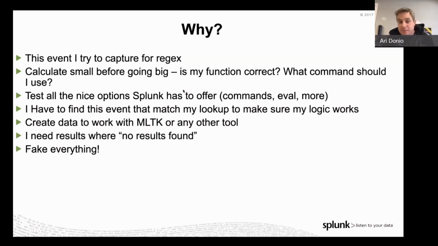It makes it very, very simple. Another very cool use case is when we need a result when Splunk puts up a message of no results found. And lastly, we can really fake everything, right? We can create whatever we would like. So there are plenty of reasons why, and we're going to go straight to them.